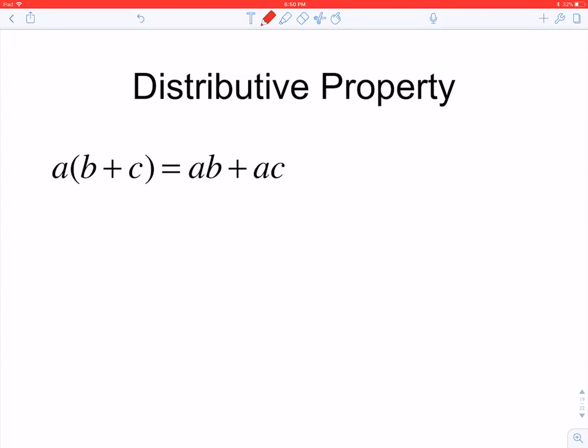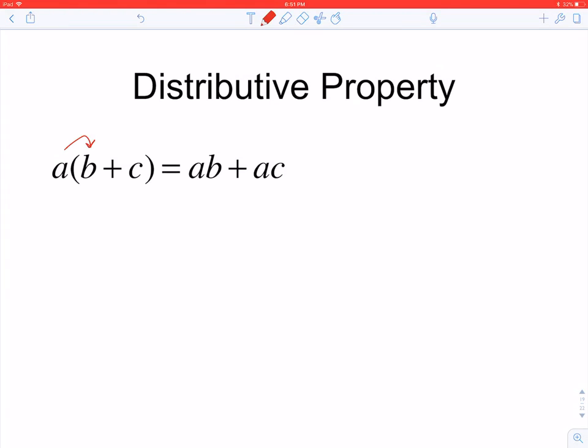Okay, distributive property. If we have a quantity being multiplied by a sum or a difference of terms, we can apply the distributive property.